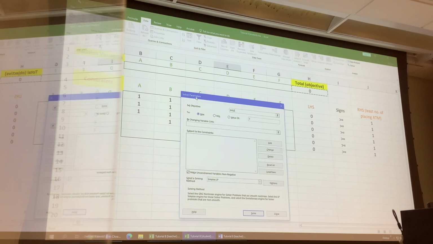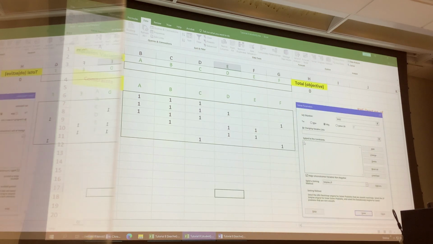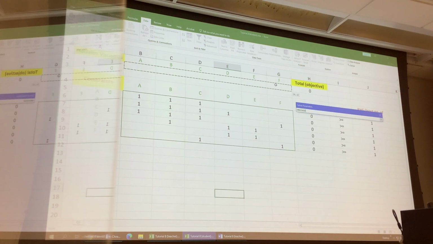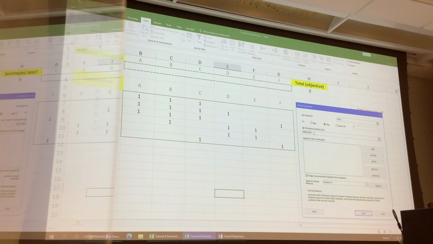So it is no longer maximum, we have to choose minimum. Okay, so for changing variable cells, same as before, that is the decision variables, B2 to G2. Okay, so these three are the settings. Minimum objective, that is H2, and changing variables B2 to G2.